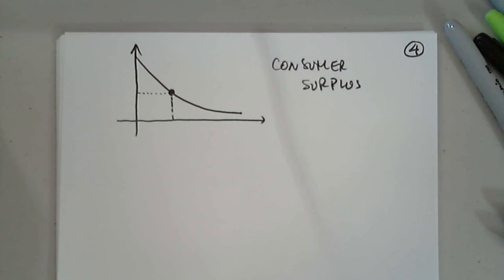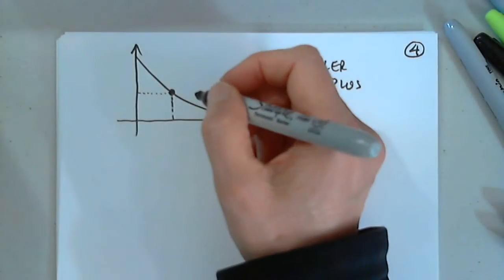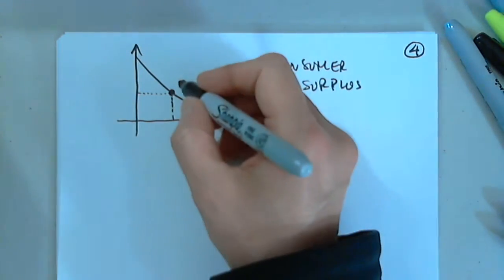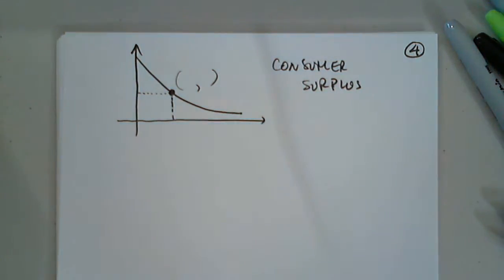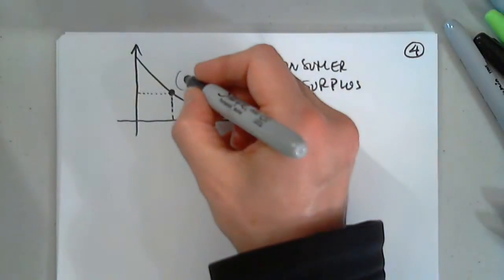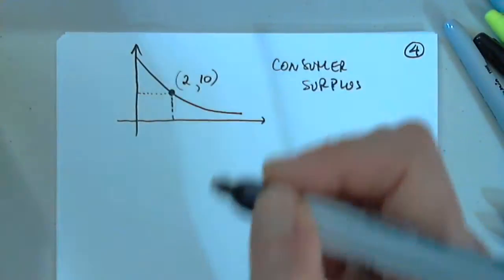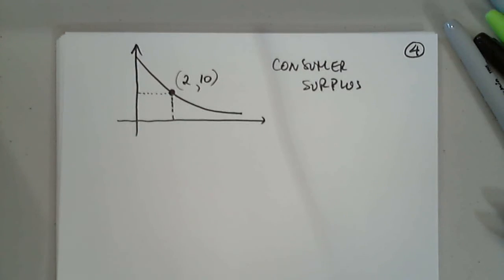So let's say we have a particular point. Let's say any ordered pair. Just give me any ordered pair. Q1. Very good. Let's say 2, 10. Okay, perfect.